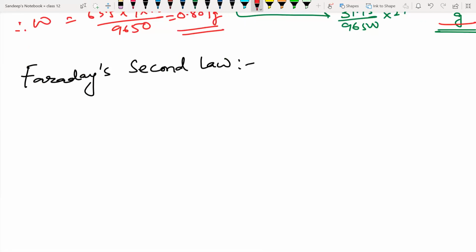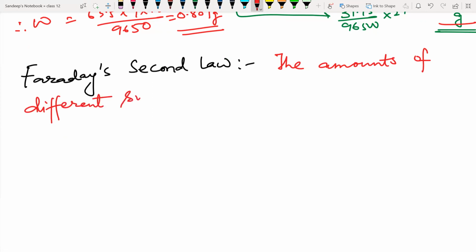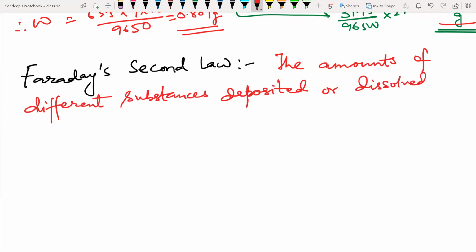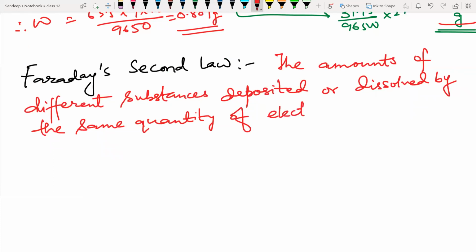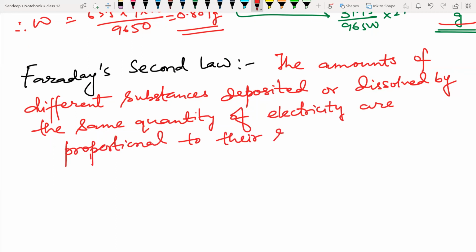The second law says that the amounts of different substances deposited or dissolved by the same quantity of electricity are proportional to their respective chemical equivalent weights.